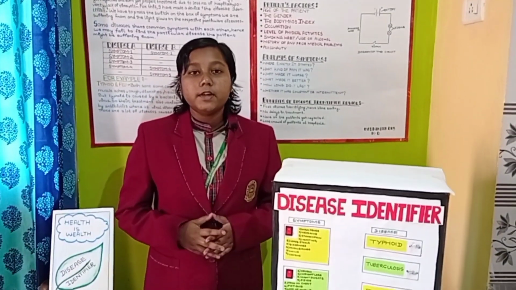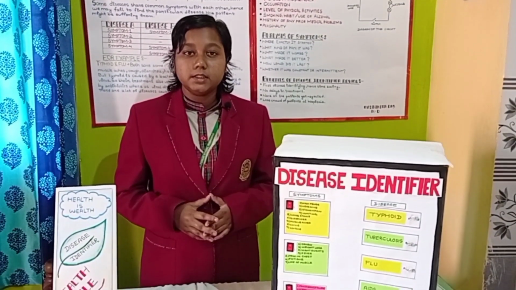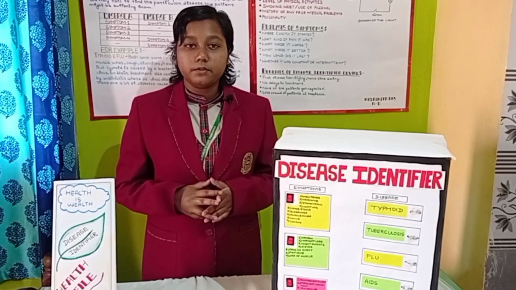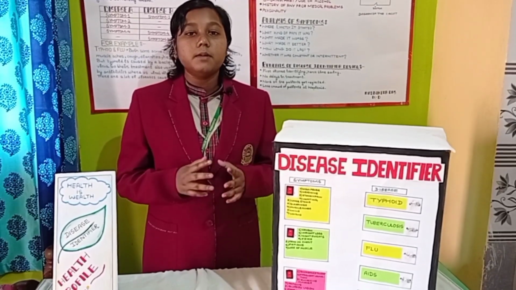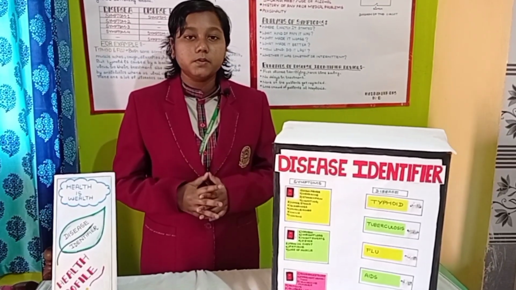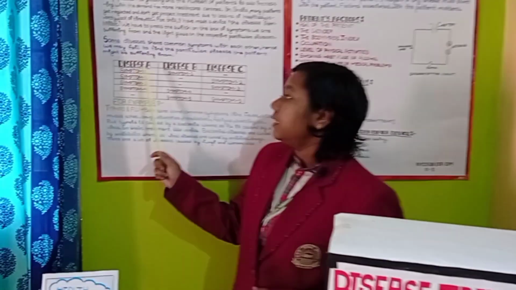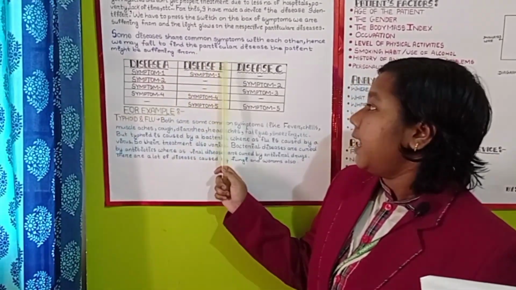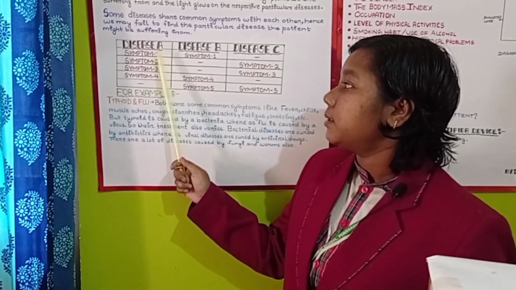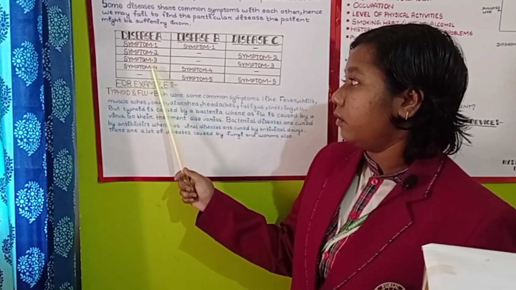But still, we are failing to identify the particular disease from which he or she might be suffering. This is because some diseases share some common symptoms with each other. Let's take an example: disease A, disease B and disease C. Disease A has symptoms 1, 2, 3 and 4.